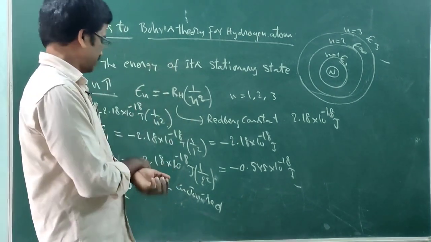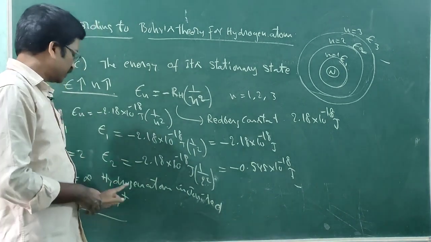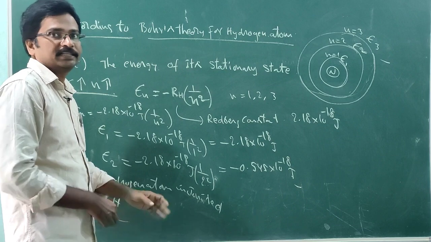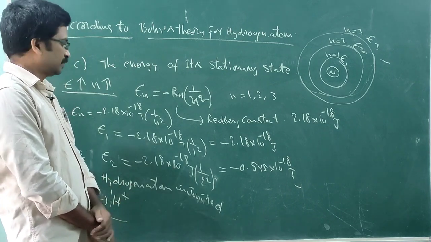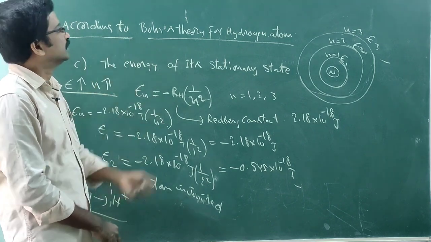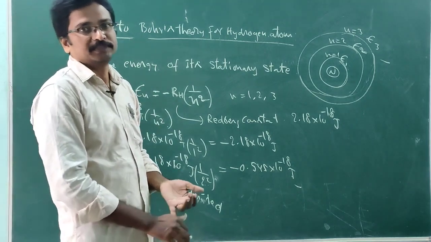So at n equal to infinity, the hydrogen atom is ionized. You may understand it like that also. These are the important points for understanding the Bohr theory of the hydrogen atom.